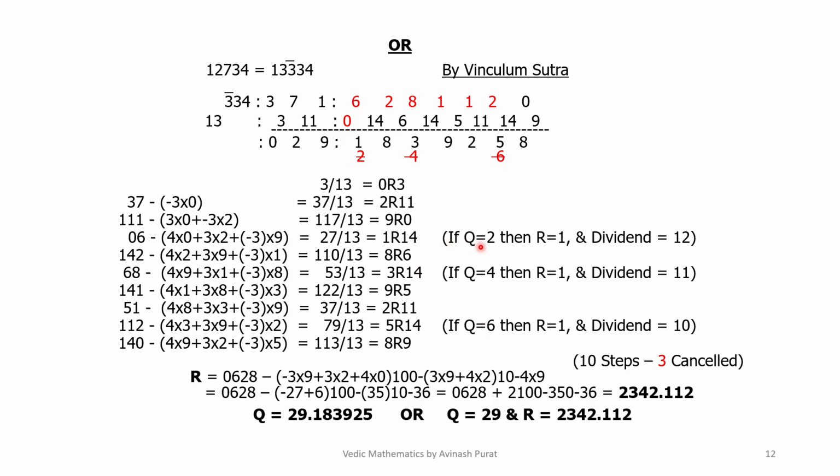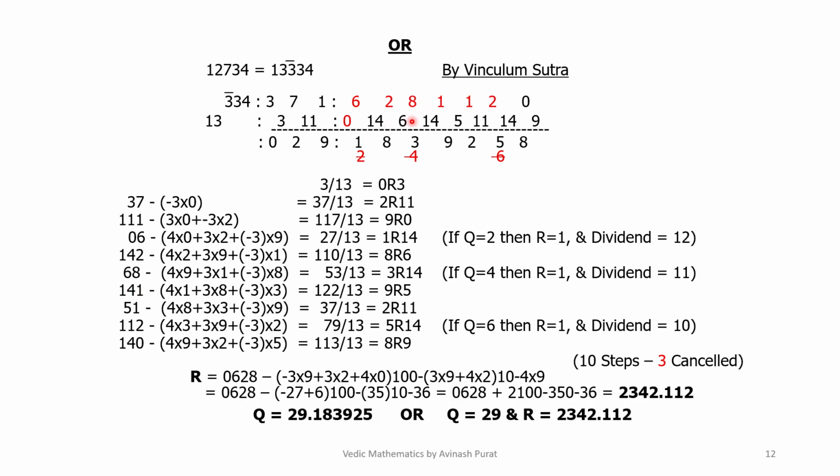If quotient is 2 then remainder is only 1 and then the next dividend would be 12 instead of 142, which will be minus obviously. So 142 minus 4 into 2 plus 3 into 9 minus 3 into 1, so that makes it 110 divided by 13 equal to 8 and remainder 6.